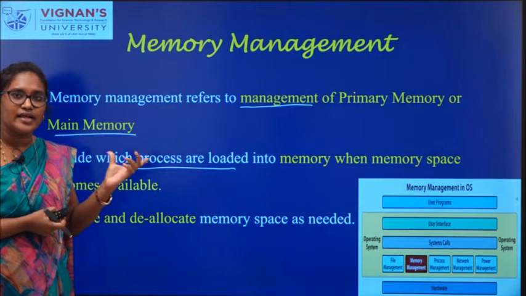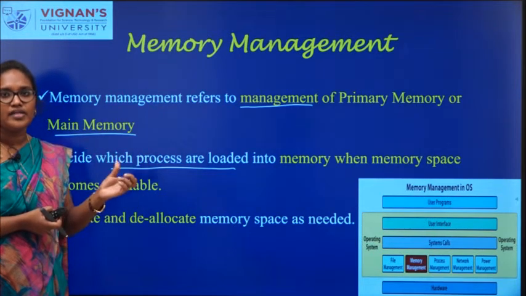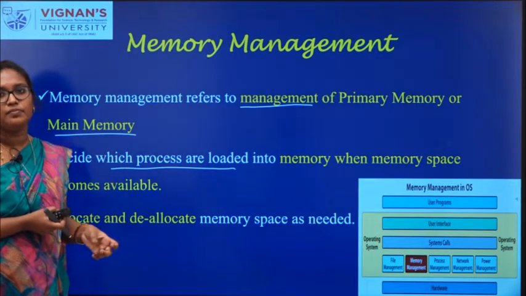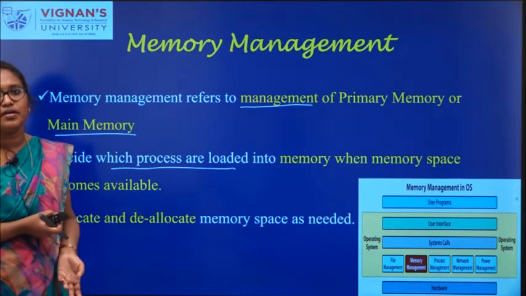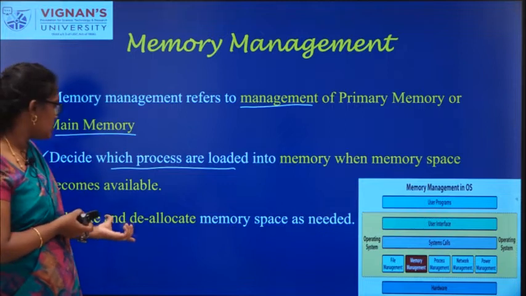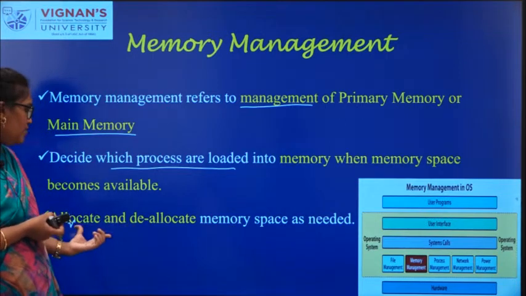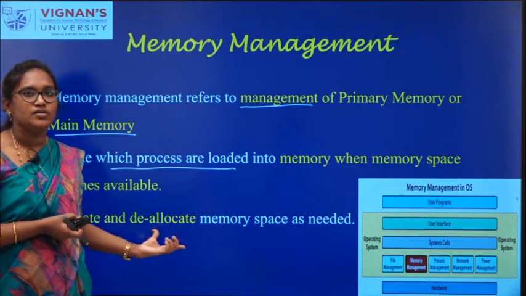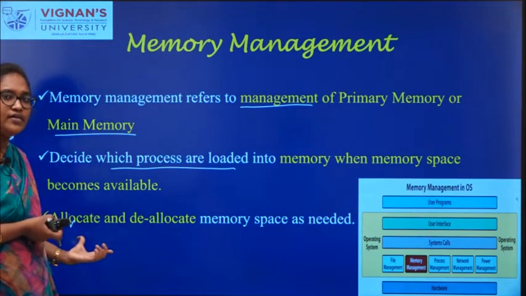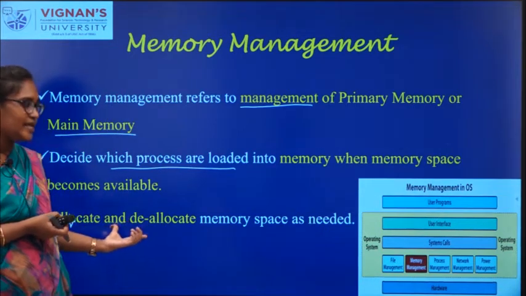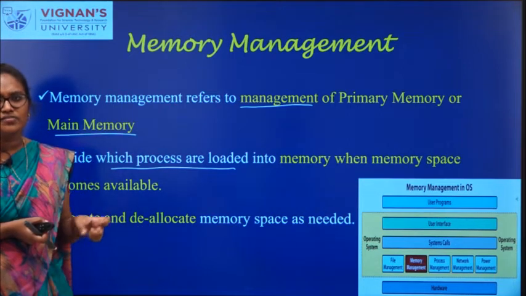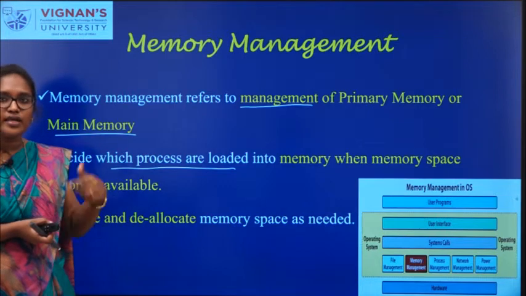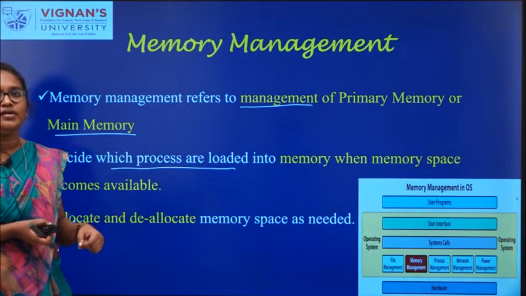Deallocate means it will erase the data that is already stored in the computer, and then allocate the memory to the user, right? That is the meaning of allocation and deallocation. Allocation means it will give us space, deallocation means it will delete the data which already exists and give the space to the newly coming data.